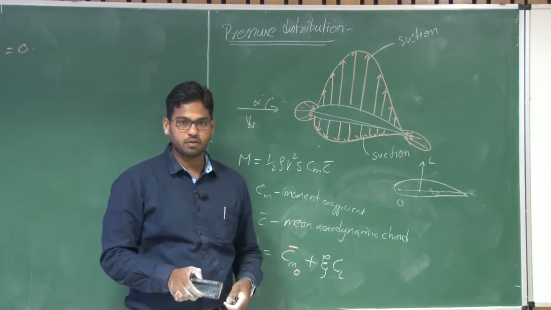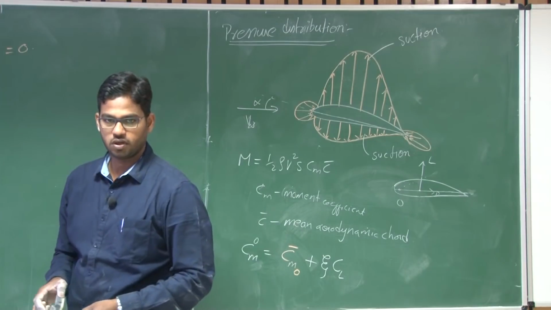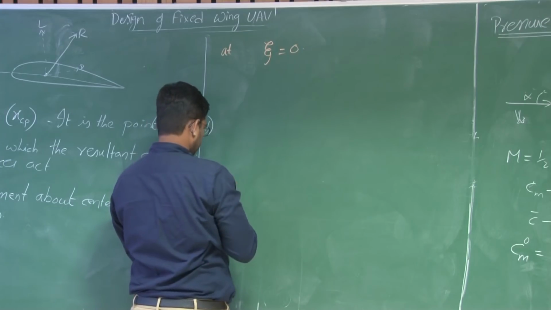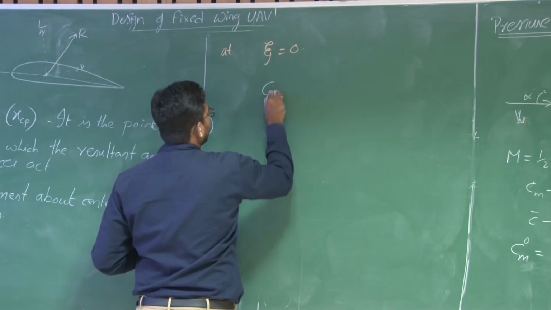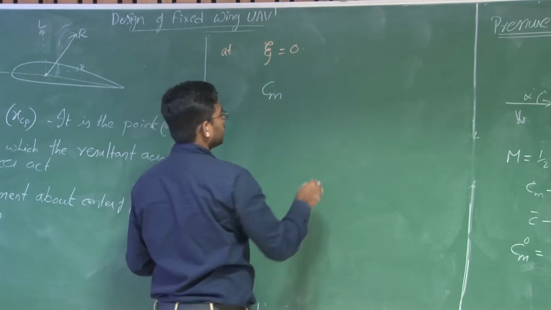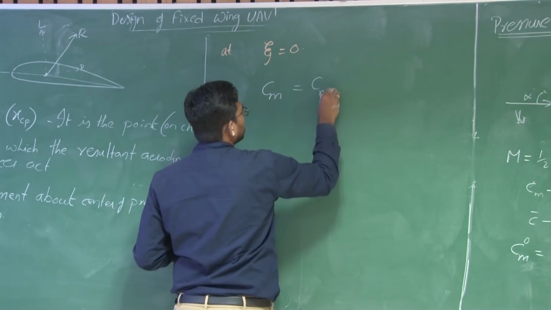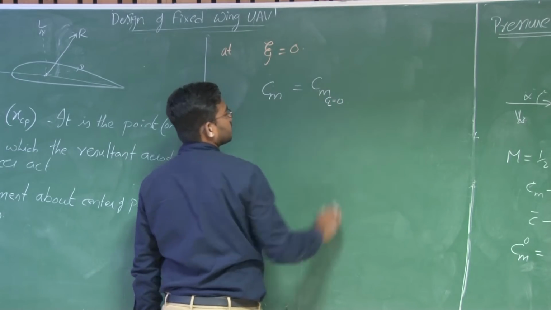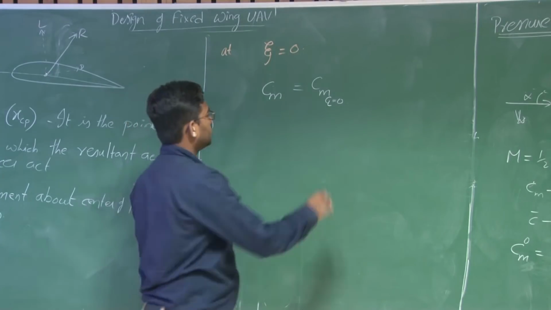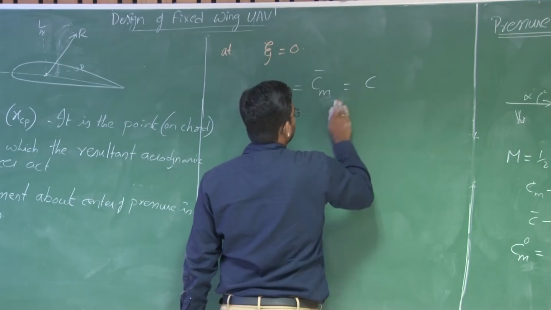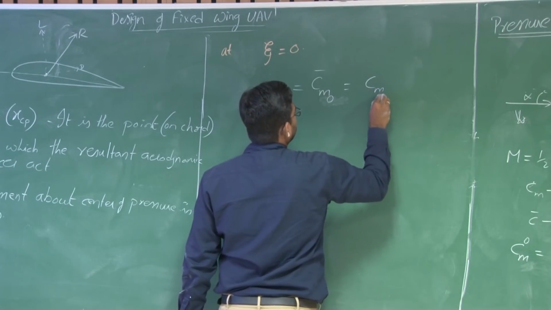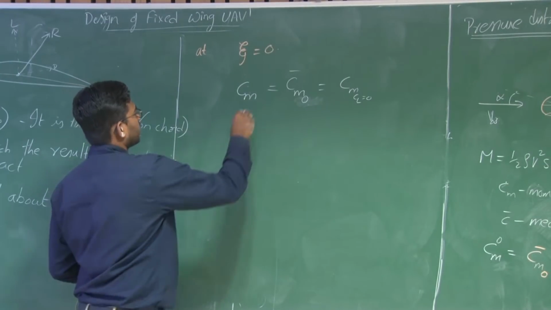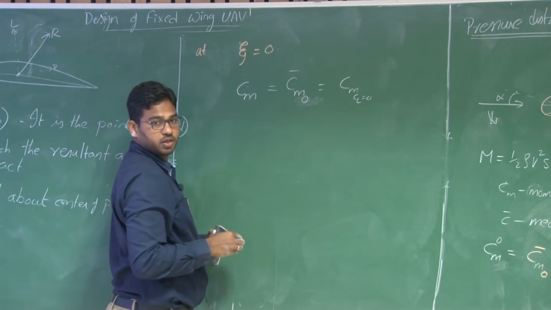So there exists a point where zeta is equal to 0, right? At zeta equal to 0, the moment about that point is equal to the moment when Cl is equal to 0. This is the same thing: Cm naught bar is equal to Cm where Cl is equal to 0, right? So this particular point is known as the aerodynamic center.